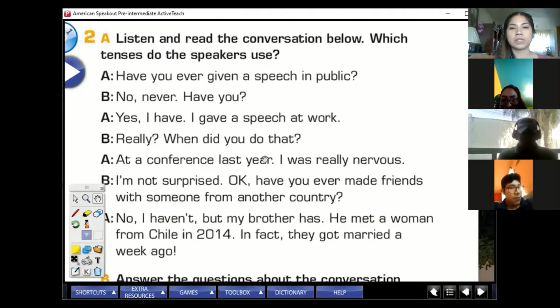Here, just the pronunciation, we say year. Yes, the Y is soft. Year, not like llanta. That doesn't exist in English. It's soft. Year. Repeat. Year.